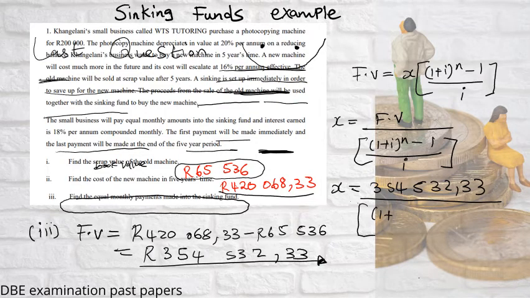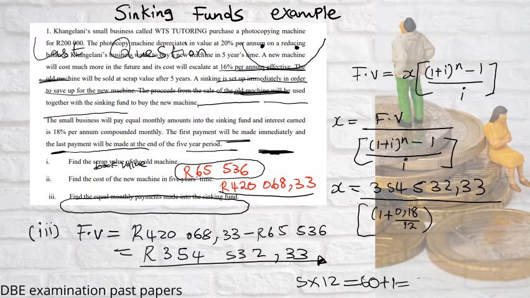In the sinking fund, the interest was 18% per annum compounded monthly. So 0.18 over 12. Then for 5 years, it will be 5 times 12, which is 60 payments. But because the payment was made immediately, be very careful, there is one extra payment.